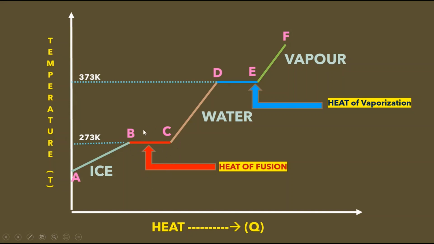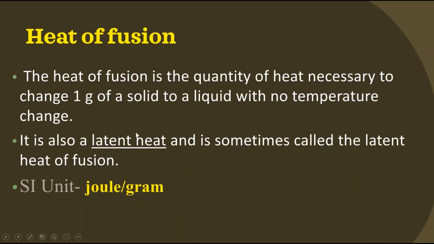This heat we call the heat of fusion, for 1 gram of solid. This is also called the latent heat of fusion, and the SI unit is joules per gram. Calorie per gram is also used, but it is not the SI unit.